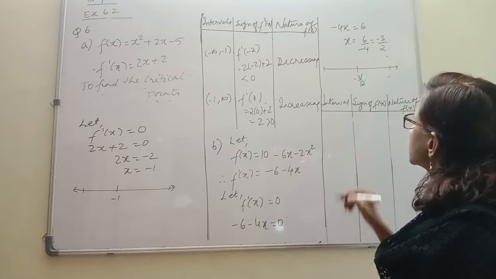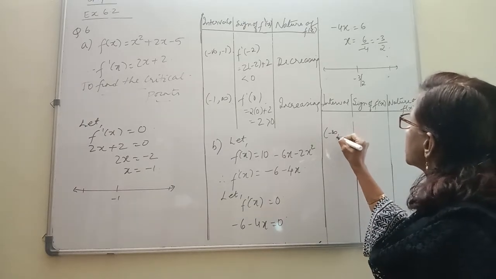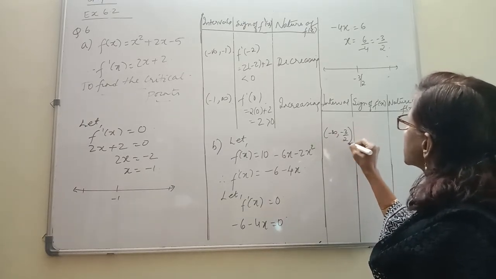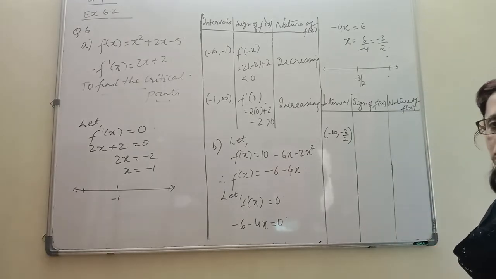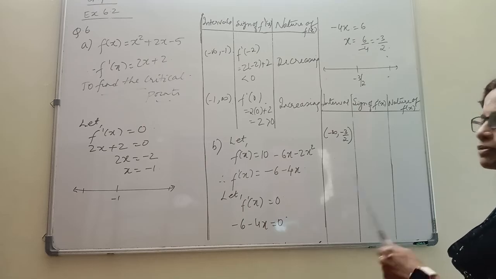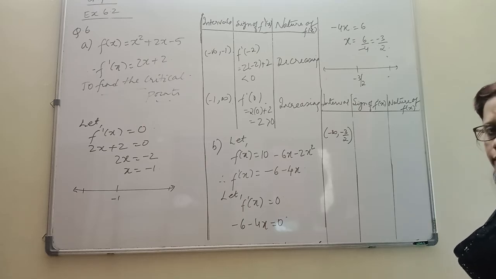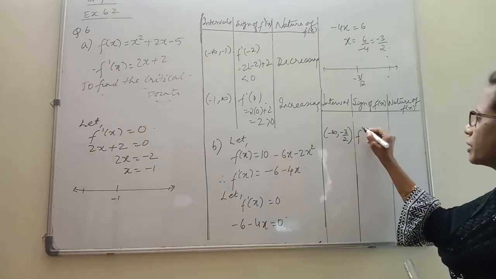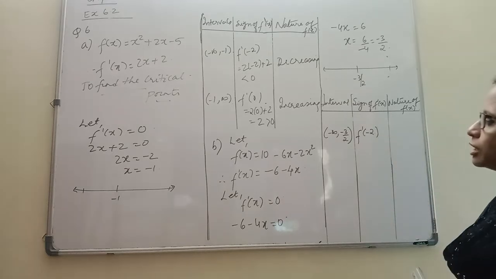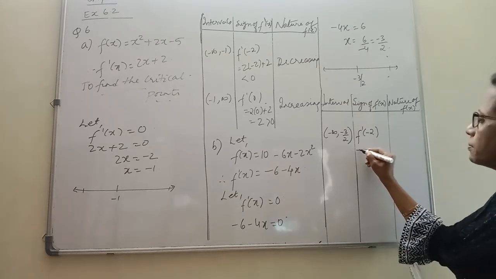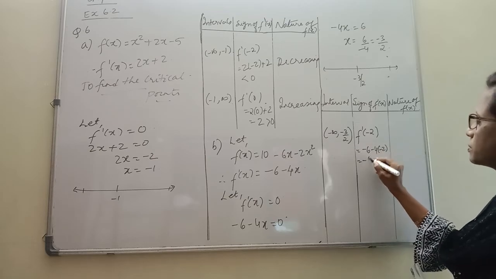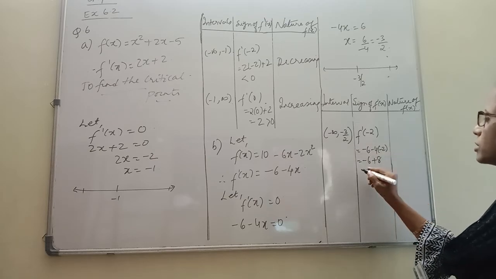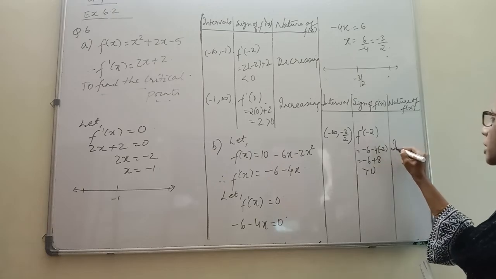The interval that we would take is minus infinity to minus 3 by 2. So a point there. Minus 3 by 2 is minus 1.5. So like before, you could take minus 2 or something like that. So let's try f dash at minus 2. It will be minus 6 minus 4 into minus 2, which means minus 6 plus 8 actually. So that's positive. So here it is increasing.